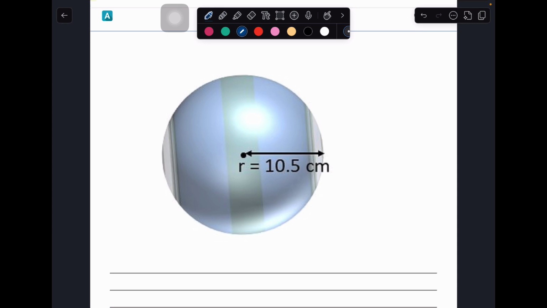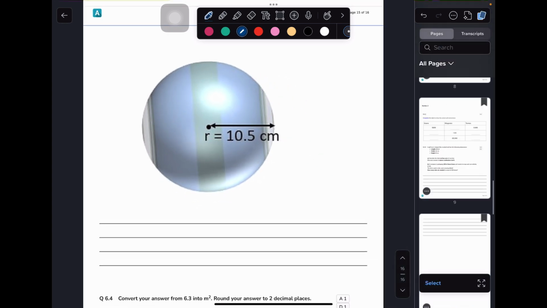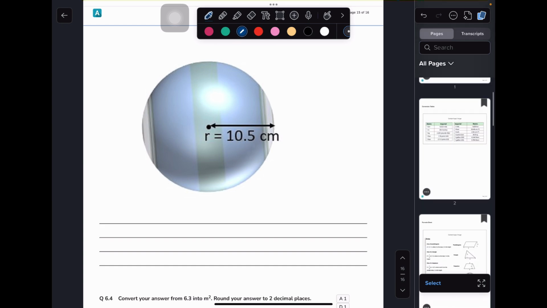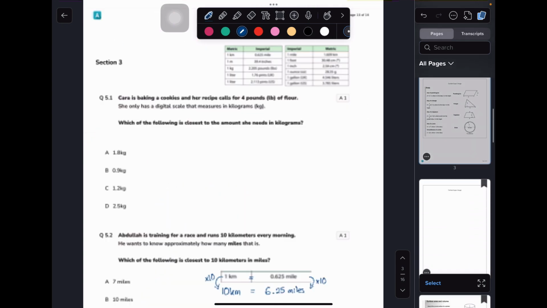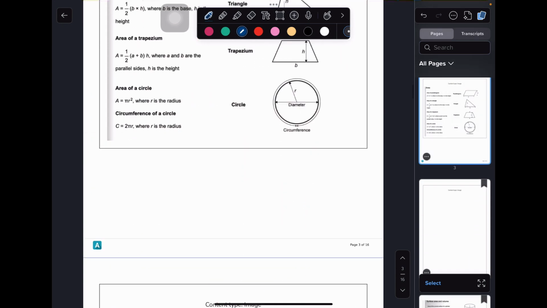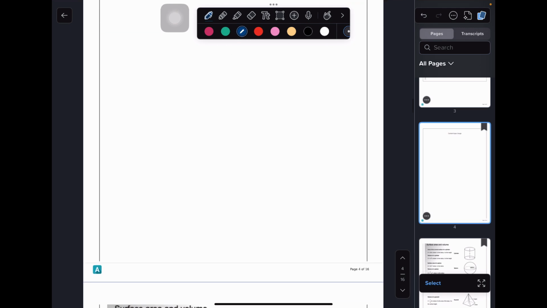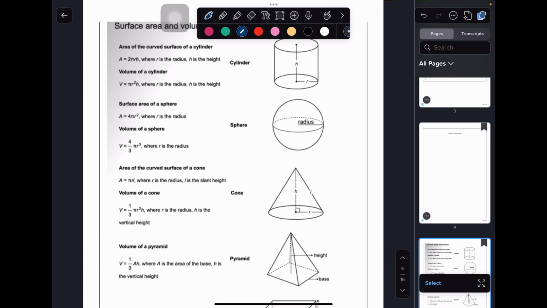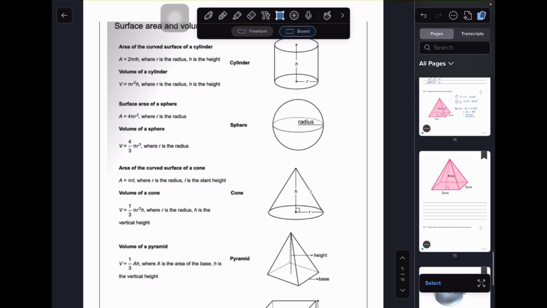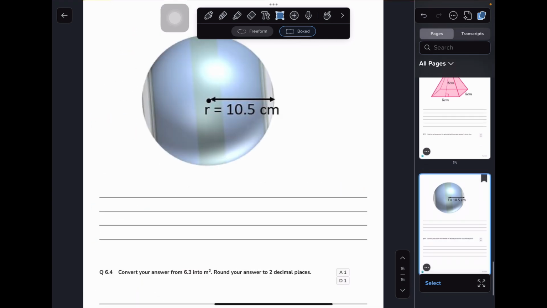So let's go back so I can get the exact one that you need. Here for a sphere, we have the surface area of a sphere, where r is the radius. Let me pop that in here.